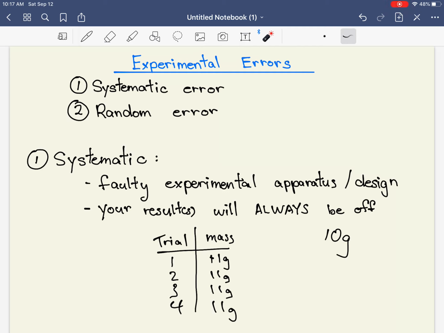You keep being off by 1. Well, that obviously has nothing to do with you. It's probably the measuring device that you're using, and that measuring device, as I said, is faulty. Hence, you are precise. Definitely, you are great in terms of precision, but you're not going to be accurate. All right, let's erase this. I'm pretty sure you know what I mean.